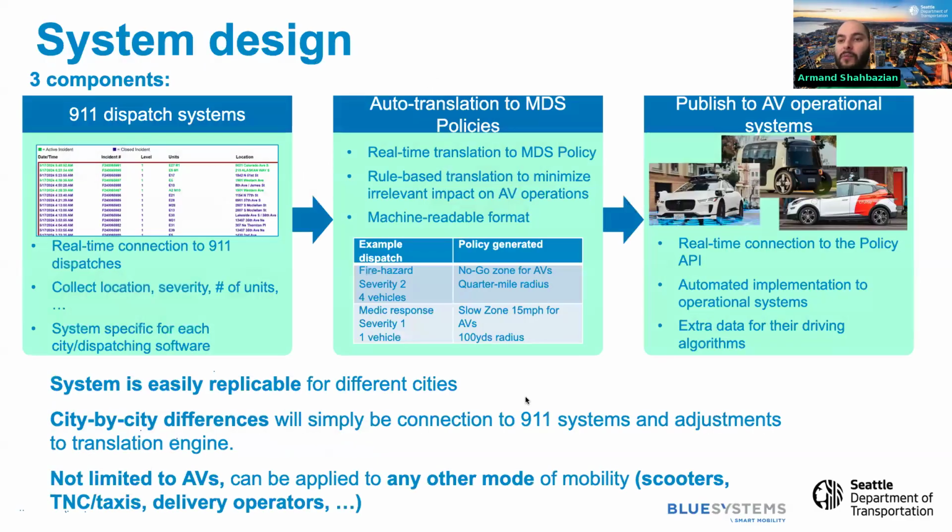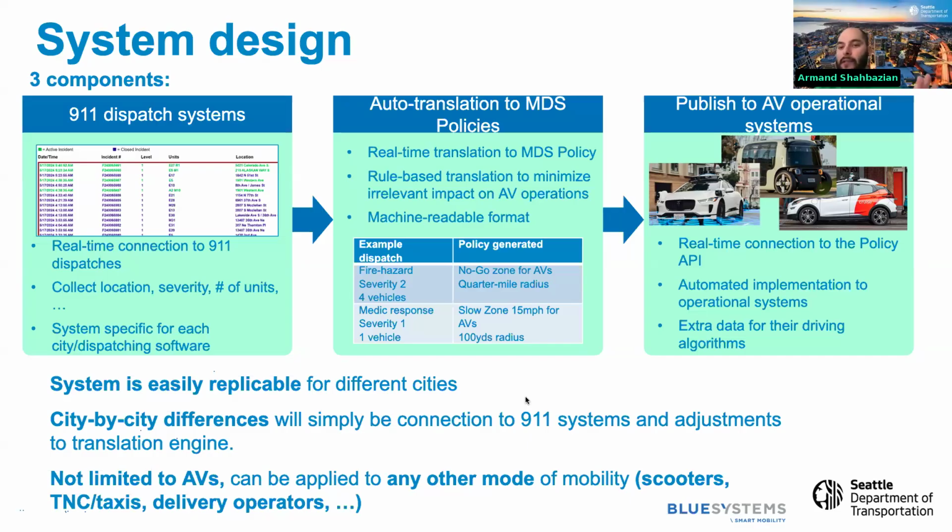So essentially, what is being created is a system that takes in Seattle Fire Department's real-time 911 dispatching system, which you see on the far left. This system provides lots of data, which includes addresses of incidents, the incident type, the number and types of units that are sent, and then additional data that's available to us on the back end, such as real-time positioning of fire department vehicles and additional information.